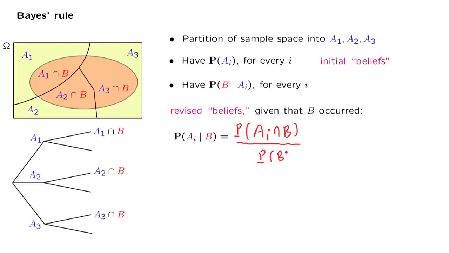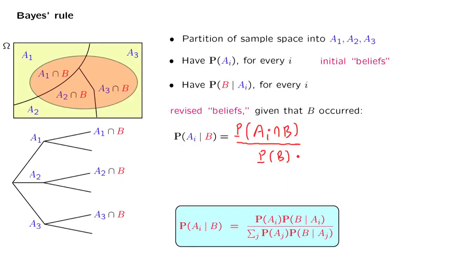How do we continue? Well, we simply realize that the numerator is what we can calculate using the multiplication rule, and the denominator is exactly what we calculate using the total probability theorem. So we have everything we need to calculate those revised beliefs or conditional probabilities, and this is all there is in the Bayes rule. It is actually a very simple calculation.